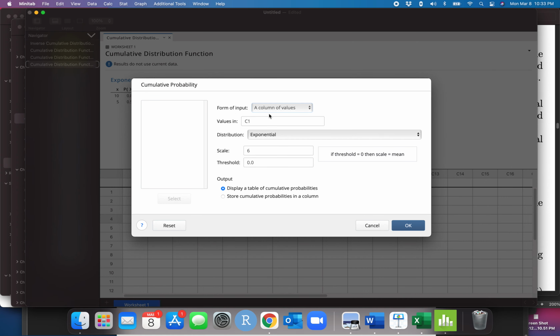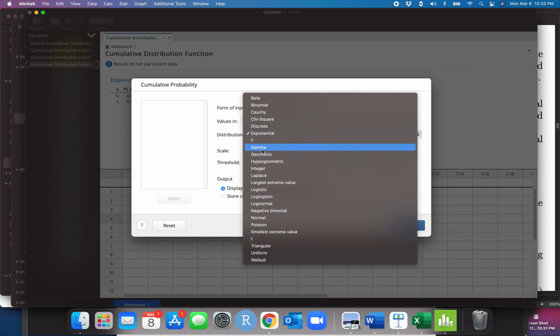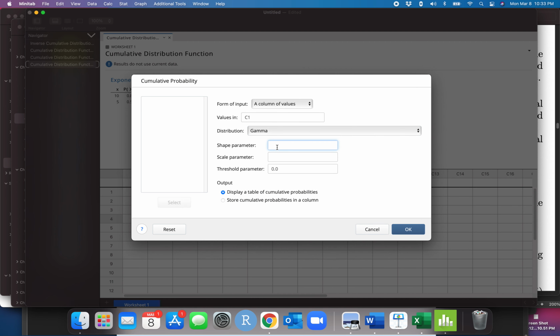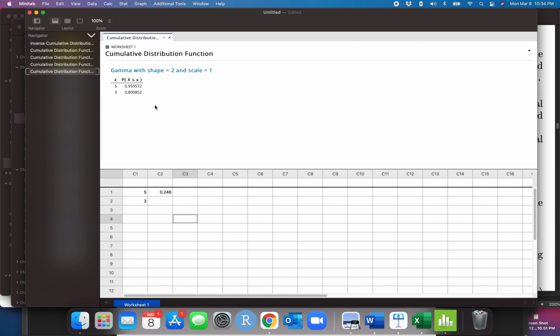Cumulative probability, gamma, shape 2, scale 1. The values are in C1, and so we click OK.